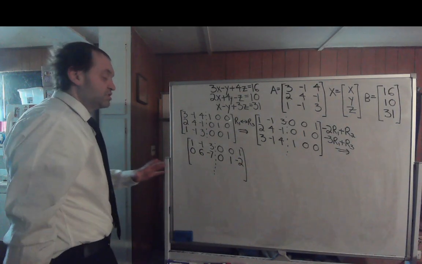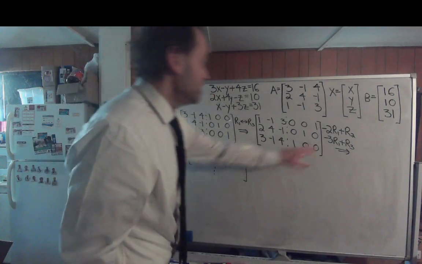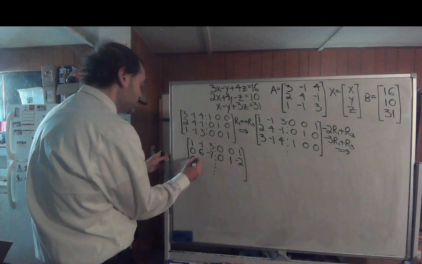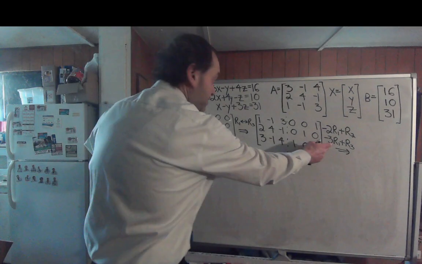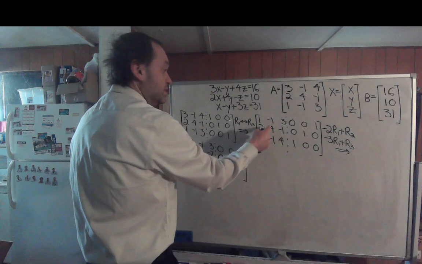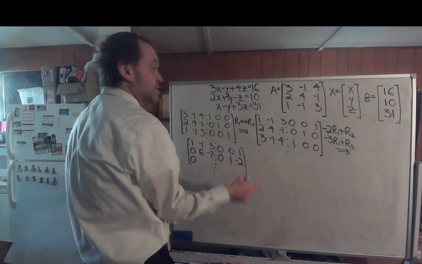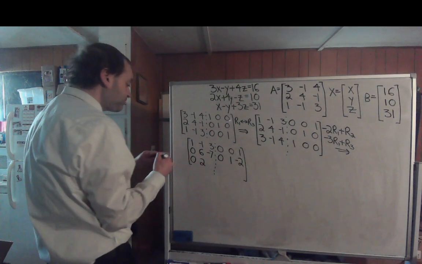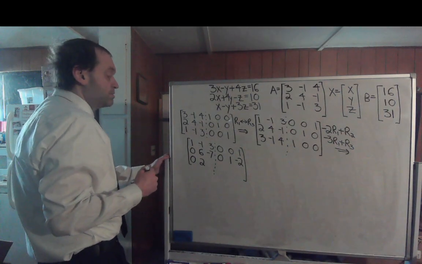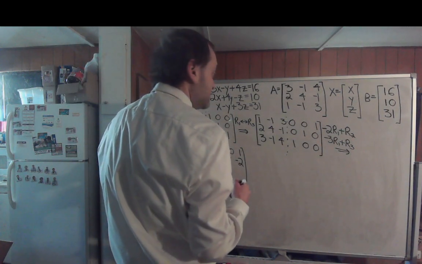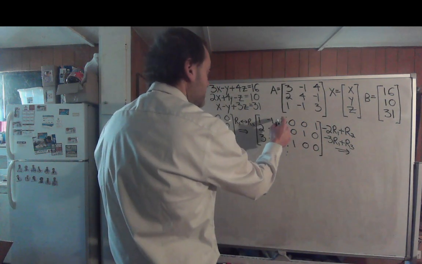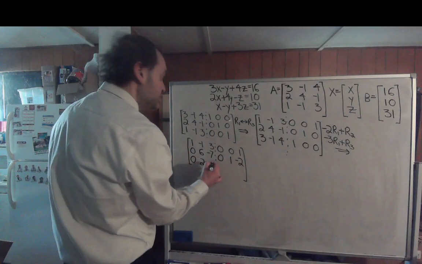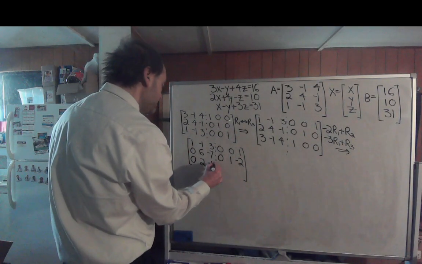All right, now let's deal between rows 1 and 3. So -3 times 1 is -3 plus 3 is 0. -3 times -1 is +3, minus 1 is 2. And then we have, let's see, -3 times 3 is -9, plus 4 is going to be -5.